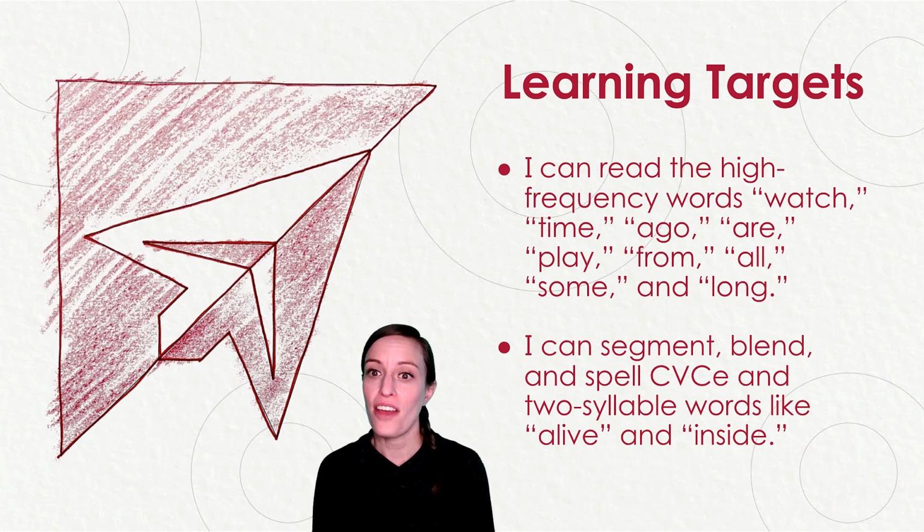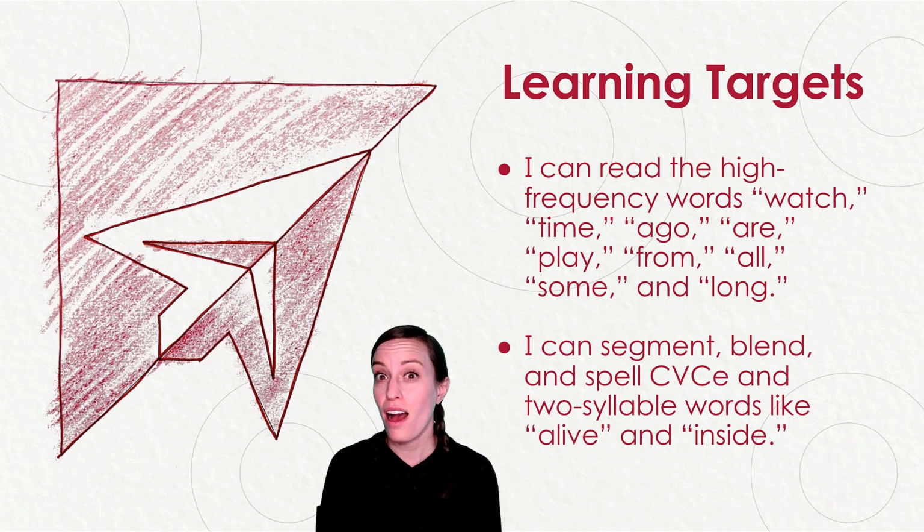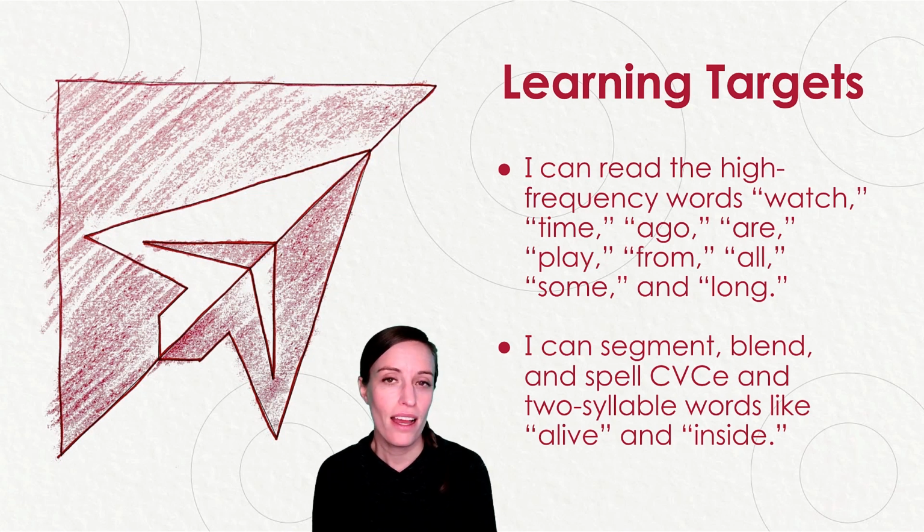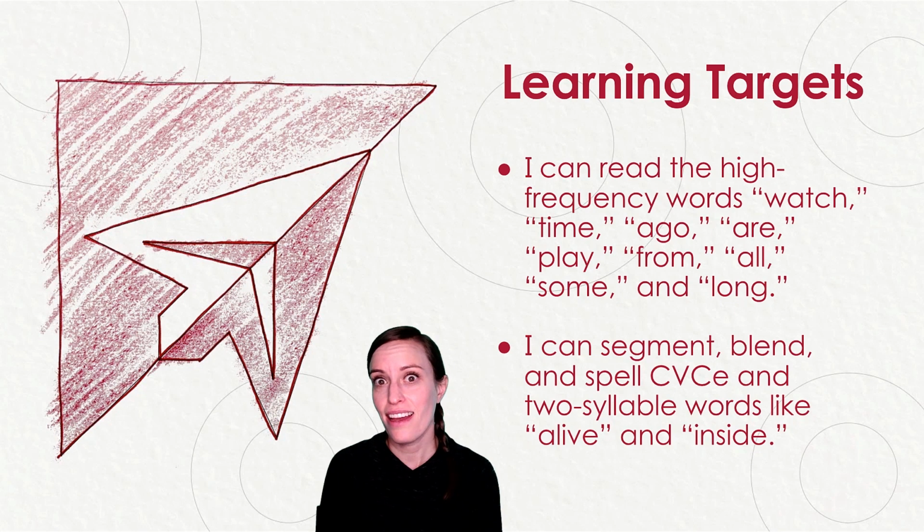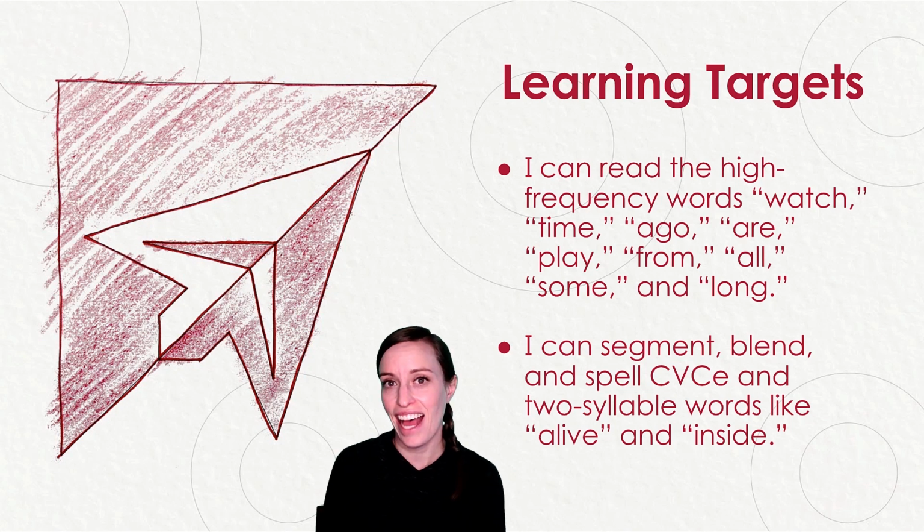I can read the high frequency words watch, time, ago, are, play, from, all, some, and long. And I can segment, blend, and spell CVCE and two-syllable words like alive and inside. Here we go.